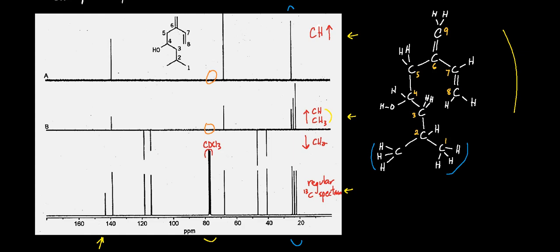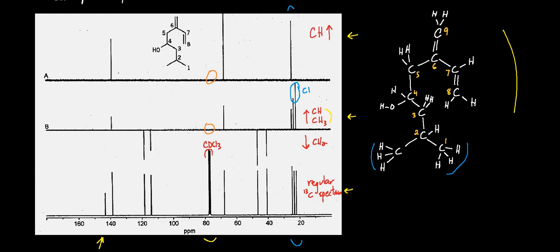The other two must be methyls then, because they're not CH2s pointing down. So these two signals are due to methyls. And how many methyls do we have in the molecule? 2. So there's C1 methyls. We don't know which one's which, we'll get back to things like that.